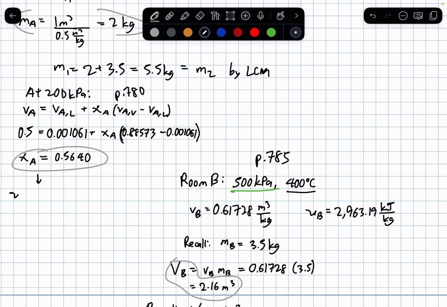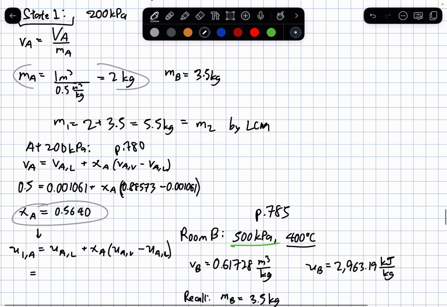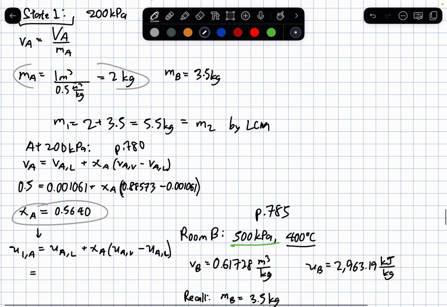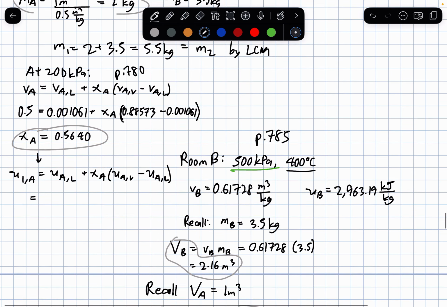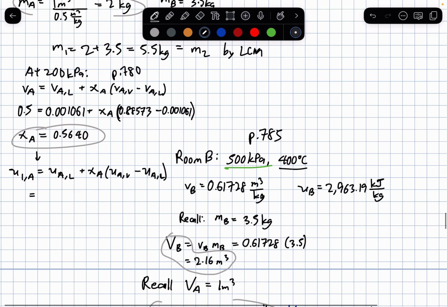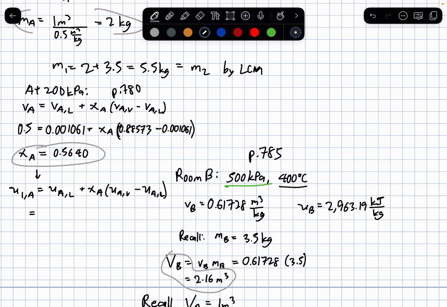With this, U sub 1A is equal to... 200 kilopascals.